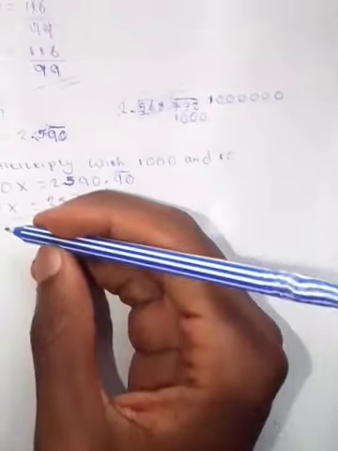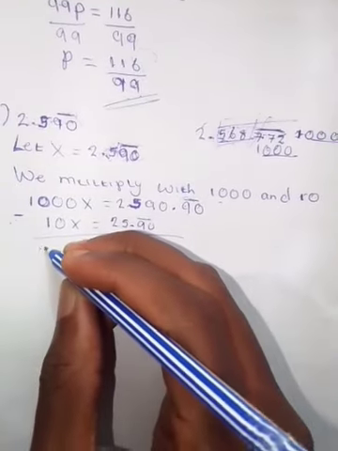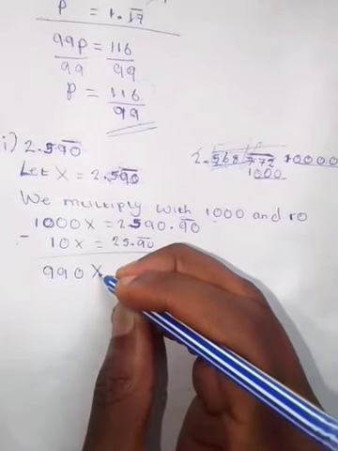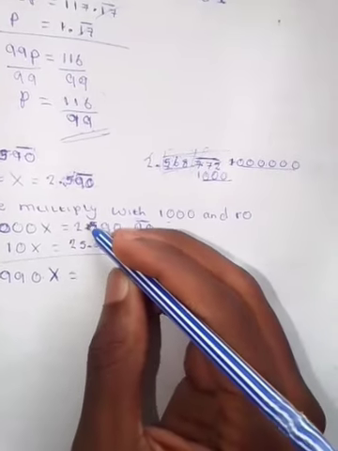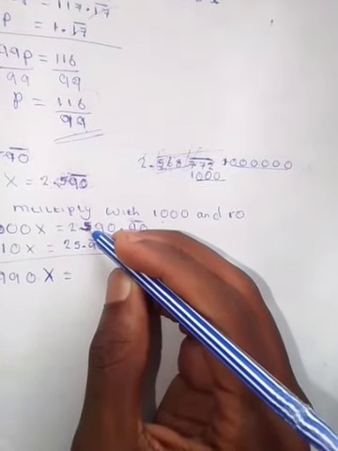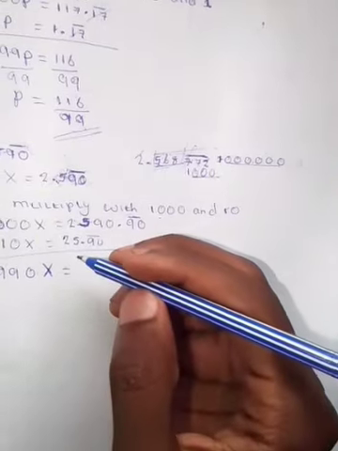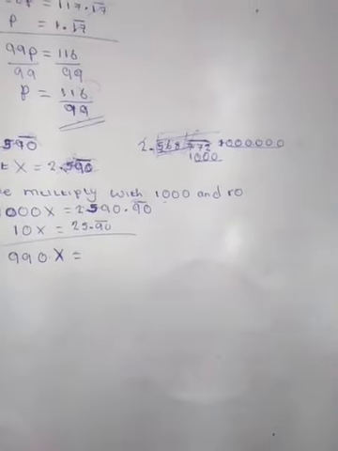This is going to give us 990x. Then we are going to subtract 2590 minus 25. So this will give us 2565.